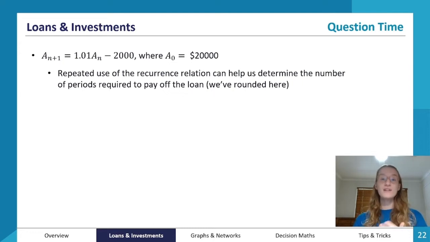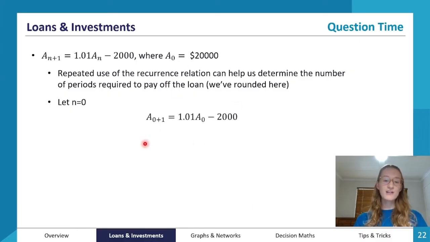Also important to take note that we have rounded here. If you did it in your calculator compared to whether you round each time, that is going to influence the final amount a little bit, because rounding does make a difference in our answers. So it's important to keep track of whether you're rounding or not. Okay, we're going to start by solving it. Let n equal 0.